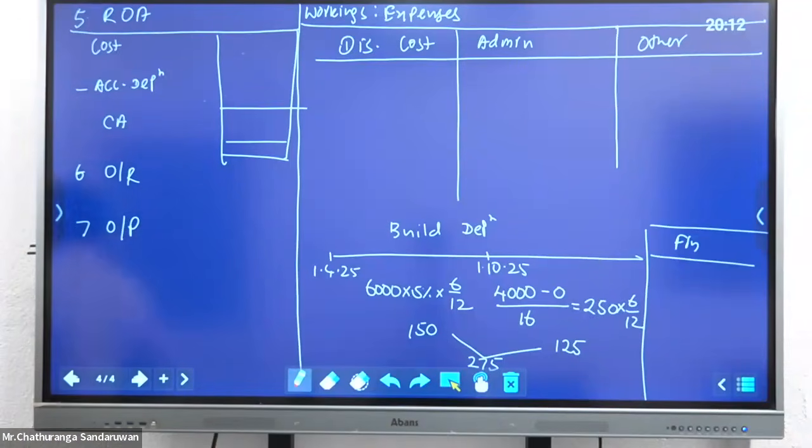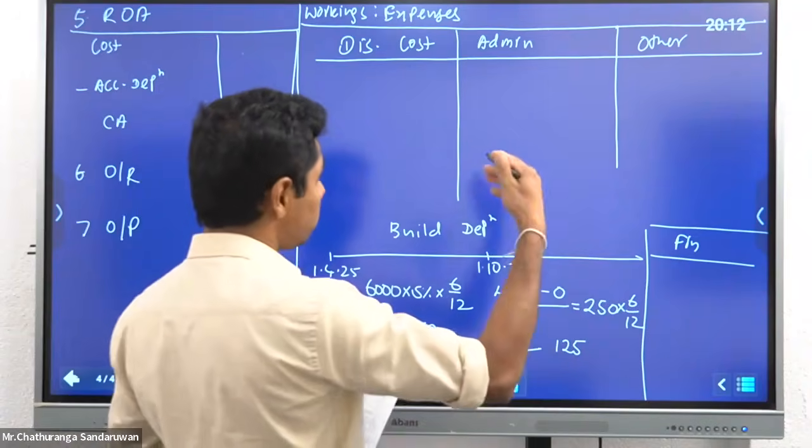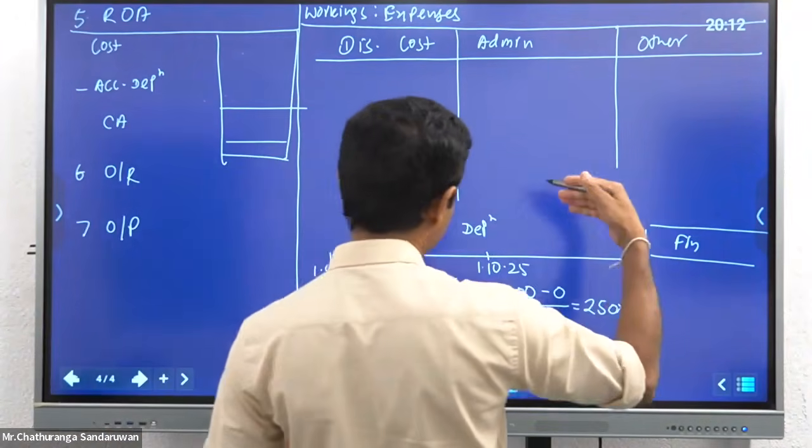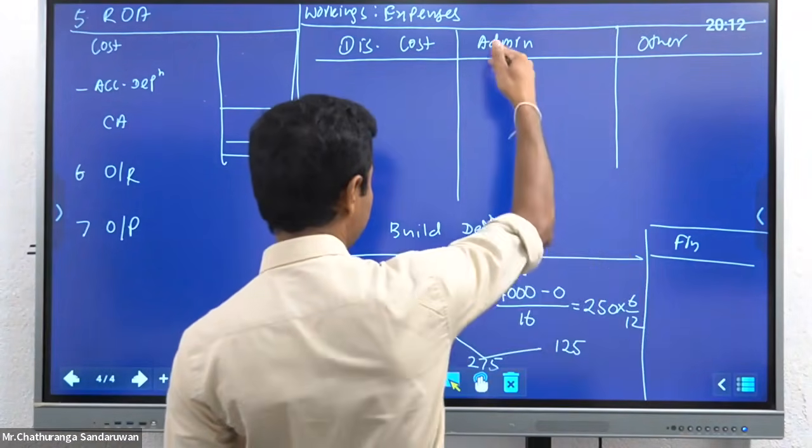Okay, now record it. Add that to the current year depreciation and also put that under the administrative expense. So we can add it here because all PPE items are being used for administrative purposes.